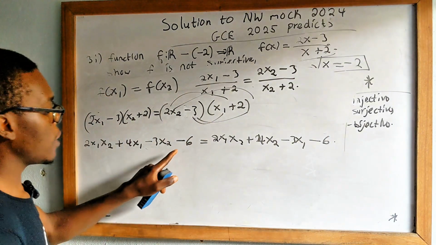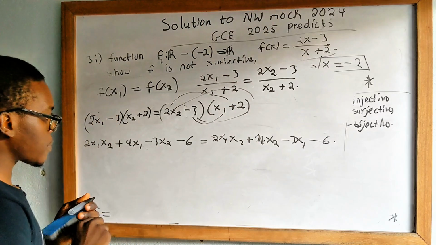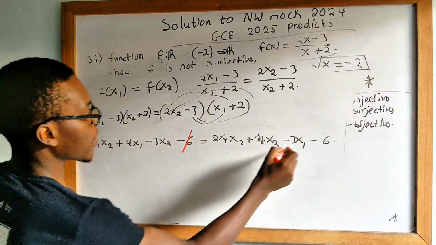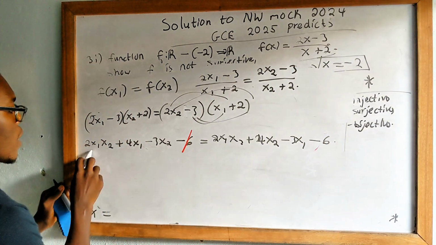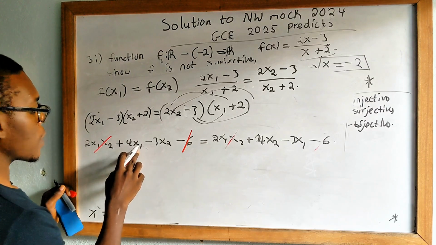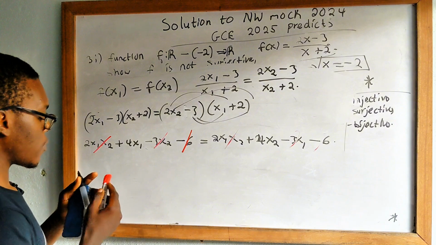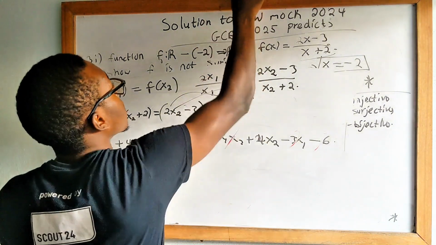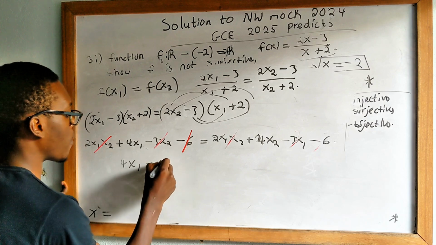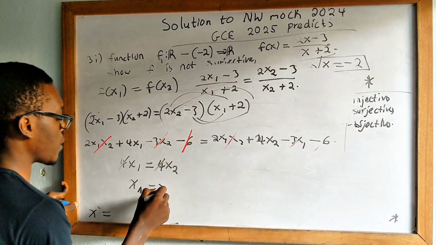We can easily start eliminating some parts. Let's use the red pen. We can eliminate 2x1x2 on both sides because it is the same thing, and the minus 6 on both sides will go. Hence, at last we are going to be left with 4x1 equals 4x2. 4 and 4 will go, hence x1 is equal to x2.